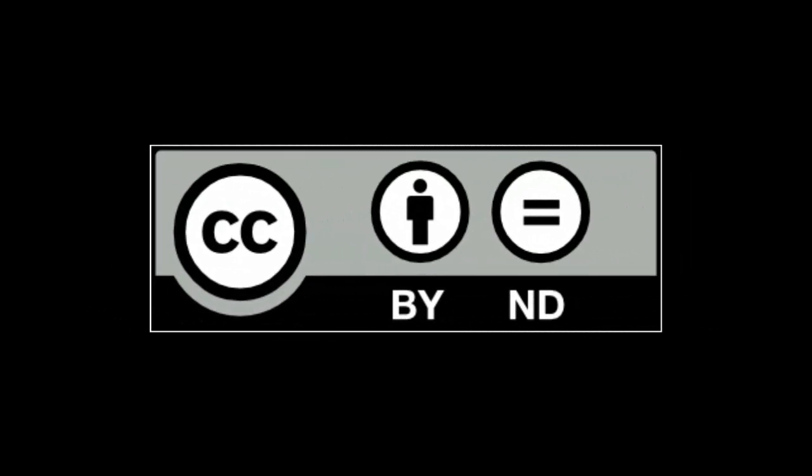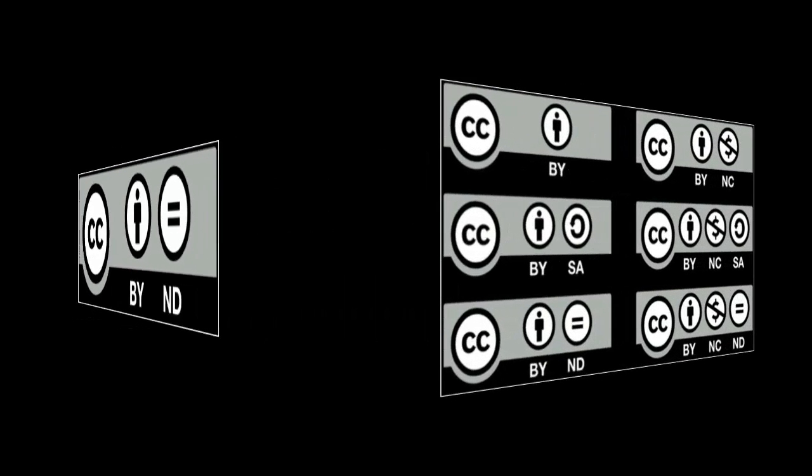Last, CC BY No Derivatives is the only type of open license that I really wouldn't recommend for educational purposes. No derivatives means that your work can't be changed at all, so you can't do the 5 R's with them. CC BY ND licensed materials don't actually meet the definition of open educational resources.